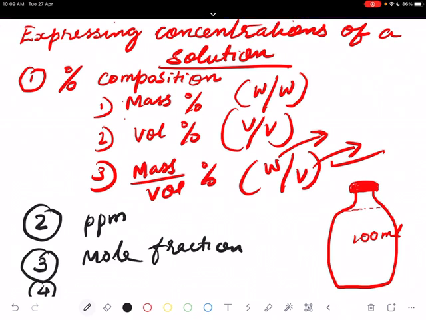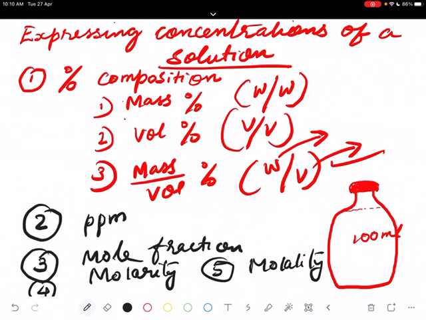Then molarity. Number 5, molality. Molarity and molality, these two terms we have learned. We have already learned in class 11th. Mass percentage also we have learned. ppm a little bit we have learned. We'll be revising these things right now.